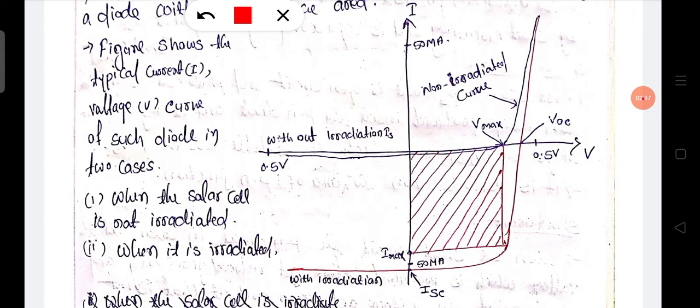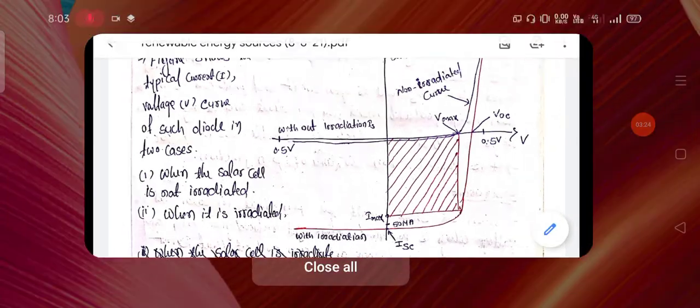Generally, the solar cell is a PN junction diode. When that PN junction diode is exposed to sun radiation, it works as a photodiode, and when it is not exposed to sun radiation, that diode works as a general purpose diode.